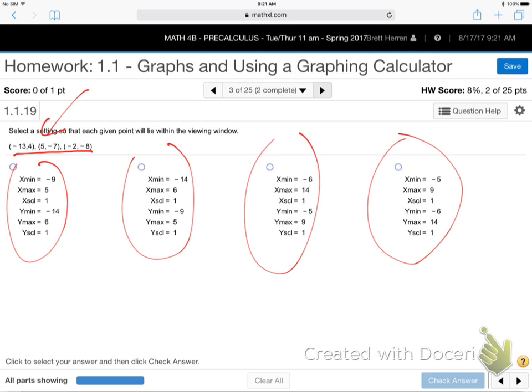So for example, this one, what would it mean about the window? Well, X min means left edge, negative 9. X max, right edge, right? X min, X max, x-axis, left and right.